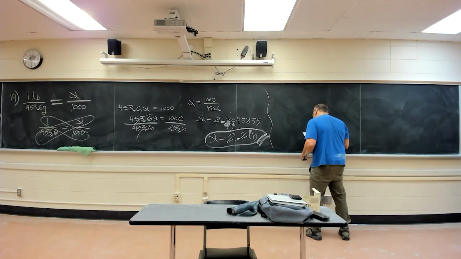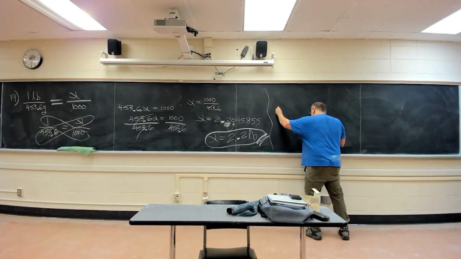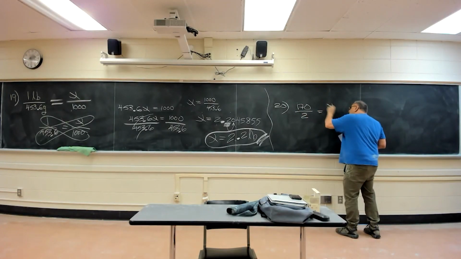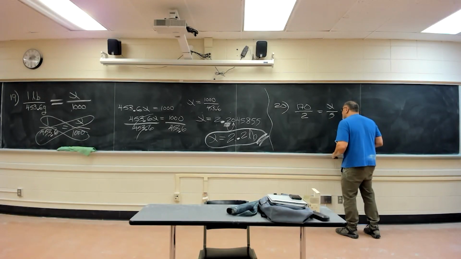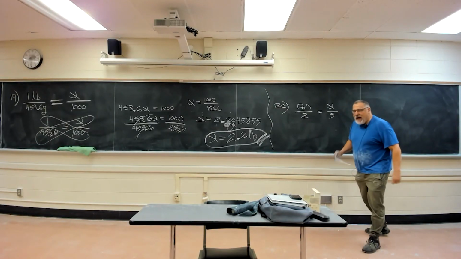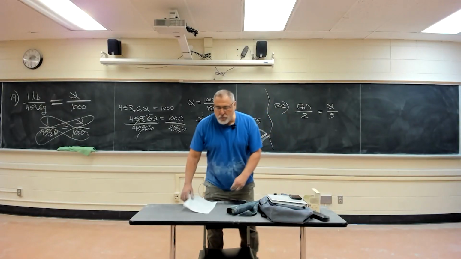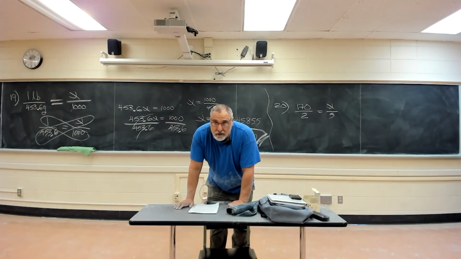A lot of ways you can play it. Here's one way. I'm going 170 kilometers in 2 hours. I'm going X amount of kilometers in 2.5 times that. 5 is 2.5 times longer, a 2.5 times longer time frame. 5 divided by 2 is 2.5.